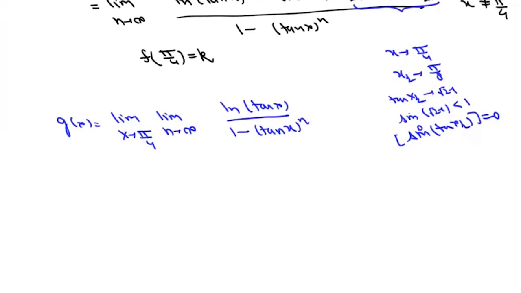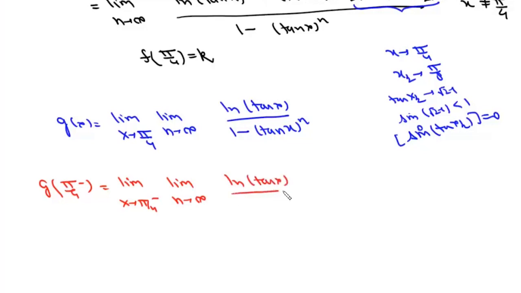Now if we consider its limit at pi by 4 negative, it will be this limit x tends to pi by 4 negative, limit n tends to infinity, log tan x upon 1 minus (tan x) to the power n.